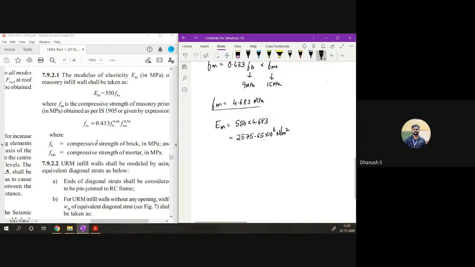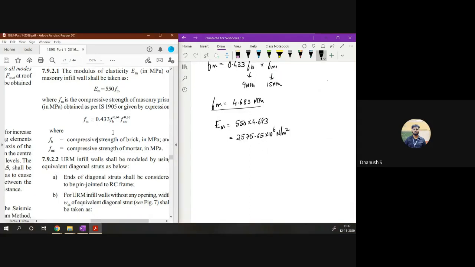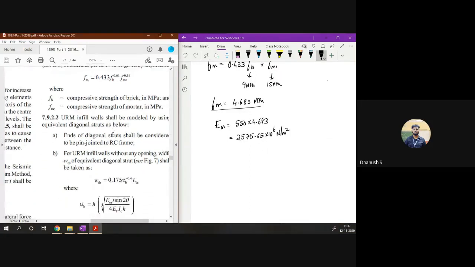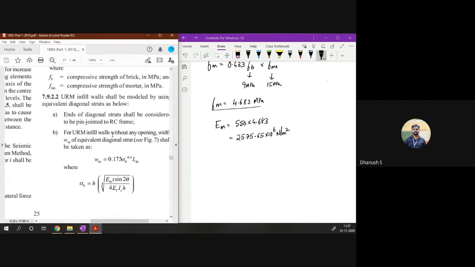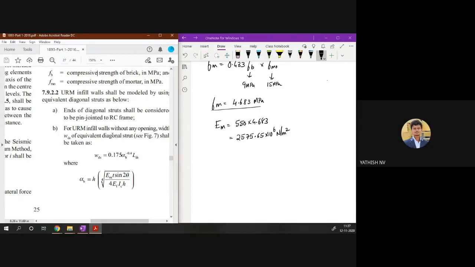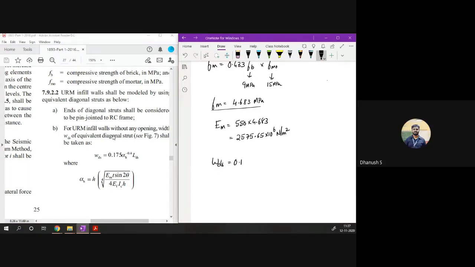Okay. Next, after you found out the Young's modulus, what do we need? We need the width of the diagonal strut to find out what the stiffness is going to be. The formula for width is WDS equal to 0.175 into alpha to the power of minus 0.4 into LDS. Here, LDS is your effective length of the diagonal strut, and alpha we have to calculate using this formula.